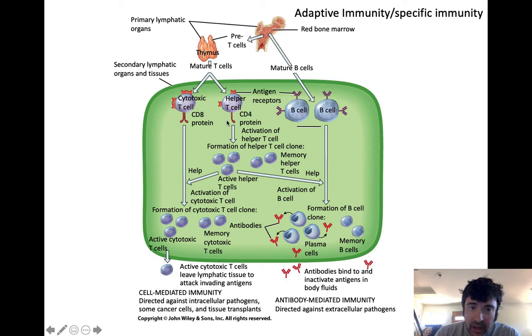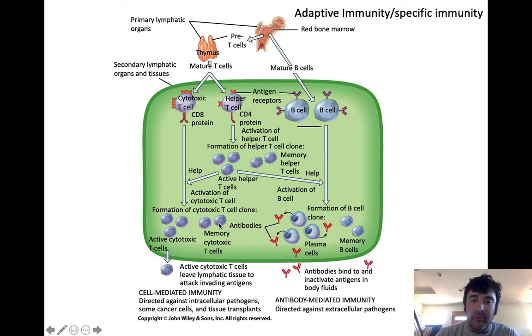Now, if these T cells come into contact with something that they're capable of targeting for destruction, they will activate, and they will also form memory cells. So they'll activate, and those active cells will actually go and mediate the immune response that they mediate, but they'll also form memory cells.